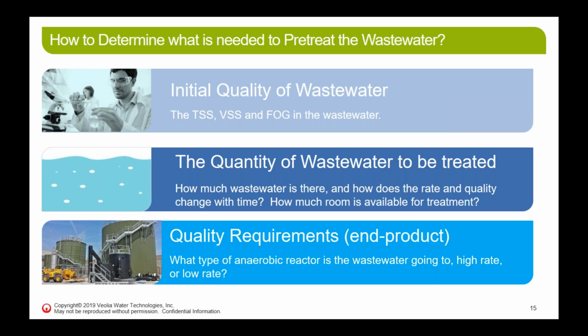Now we know what we don't want, but we also want to quantify and qualify what we don't want. Usually we talk about total suspended solids, but total suspended solids is a blanket term. It's also useful to understand the size distribution of the total suspended solids.